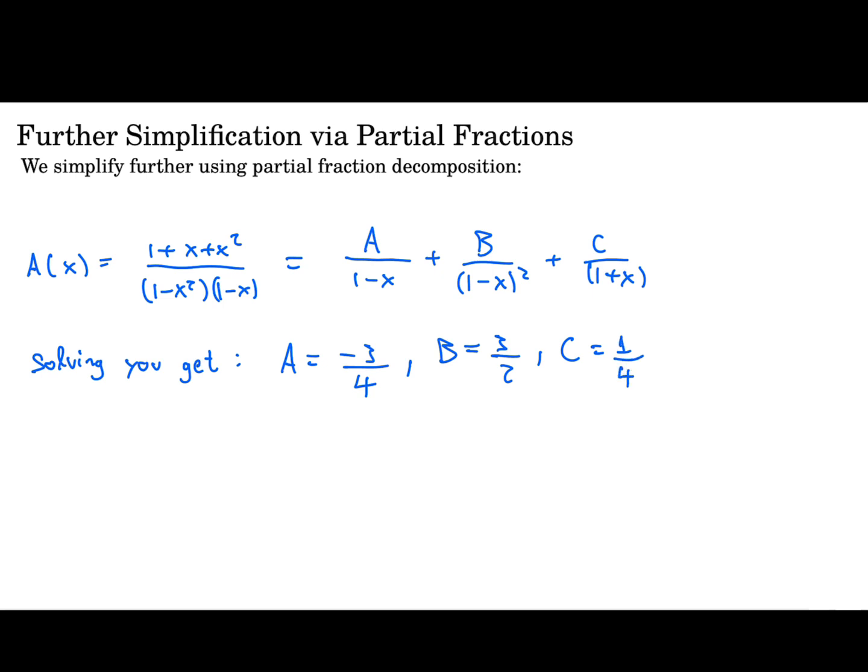Which is to say that A of x, you can write as minus 3 quarters times 1 over 1 minus x, plus 3 halves times 1 over 1 minus x squared, plus 1 quarter times 1 over 1 plus x.